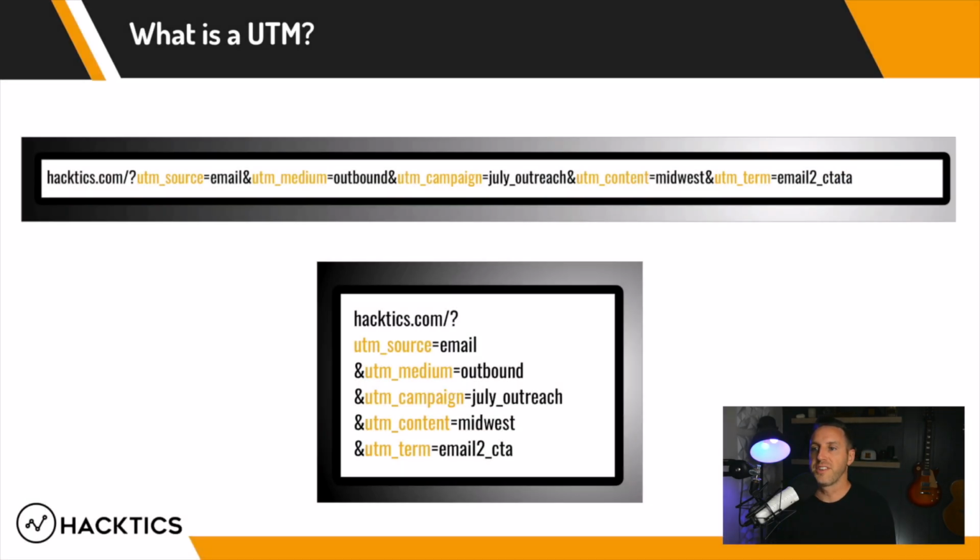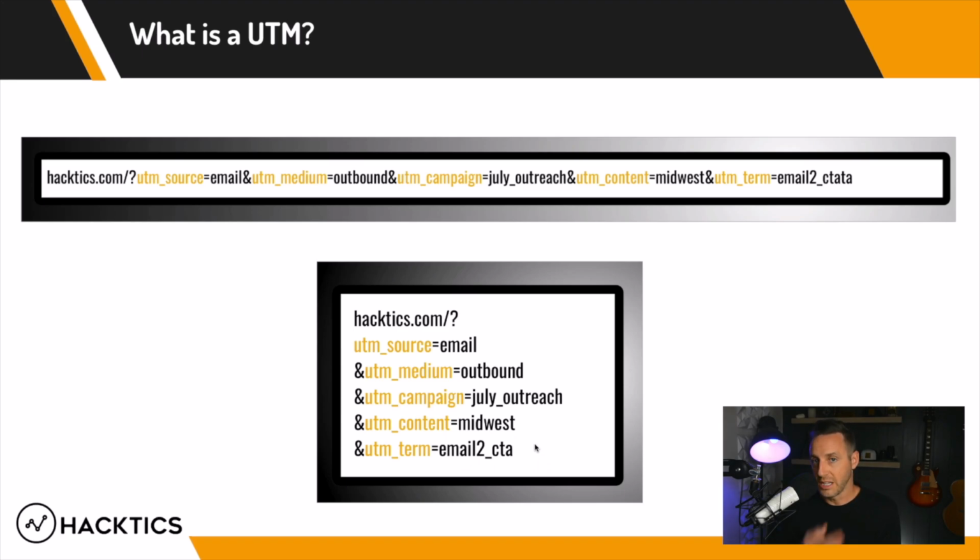So this is an example of a UTM as far as an email is concerned. So let's just say that we're denoting that this is an email. This is an outbound email. I said July outreach. The UTM content was Midwest. Maybe you're sending this to a specific group, and then email to call to action. Again, you probably don't even need the content and you don't need the term here.